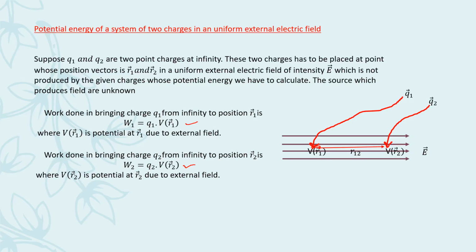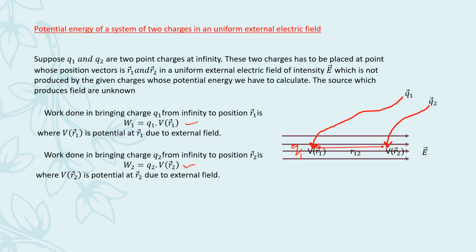When charge Q1 is brought from infinity to this point, there will be an electric field due to charge Q1 and there will be the external electric field. So we have to do some work against the electric field of charge Q1 and there will be some work due to the external electric field.